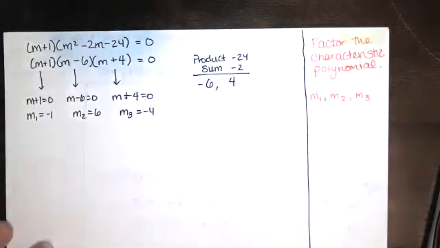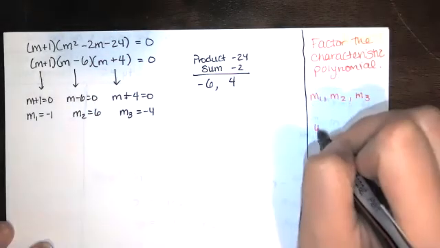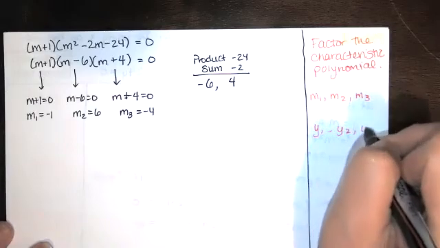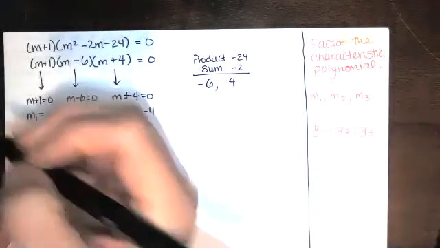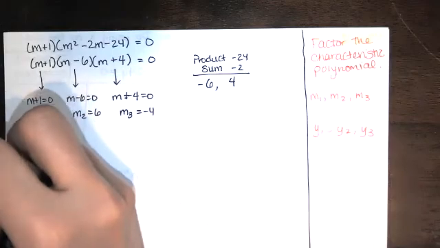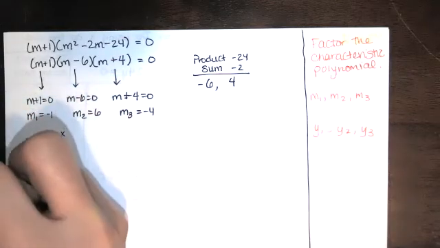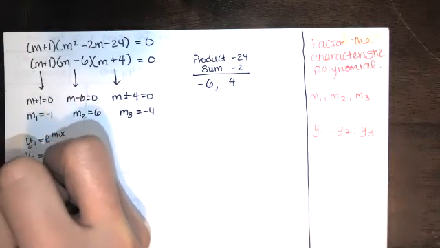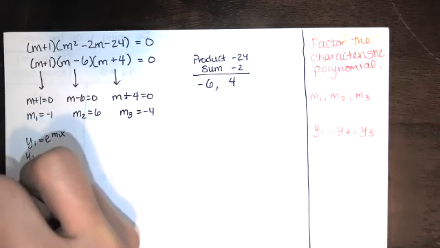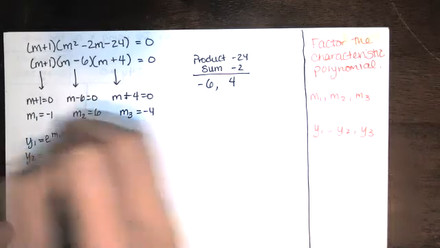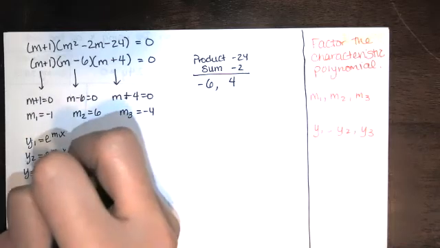Okay, so we've got 3 distinct real roots. Those lead to 3 linearly independent solutions: y1 equals e to the m1x, y2 is equal to e to the m2x, and y3 equals e to the m3x. And again, that's because we didn't have any repeated roots or any complex conjugate roots.